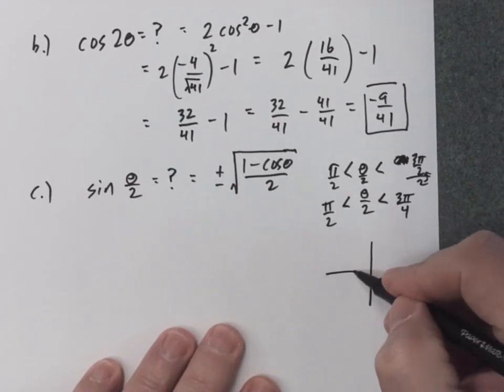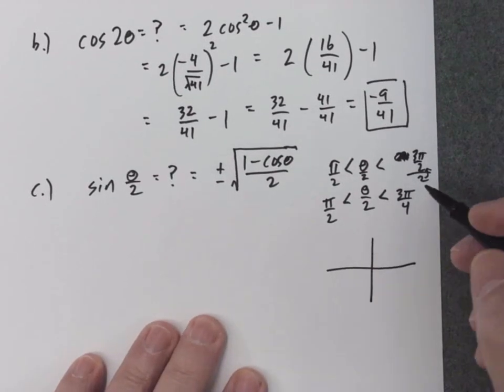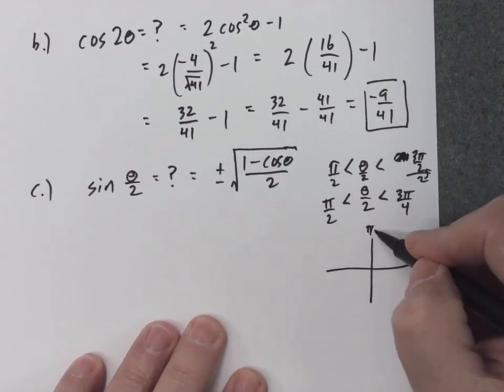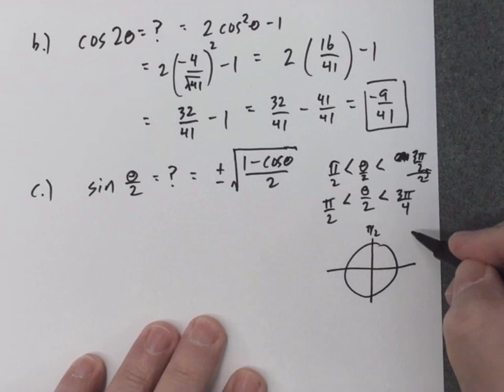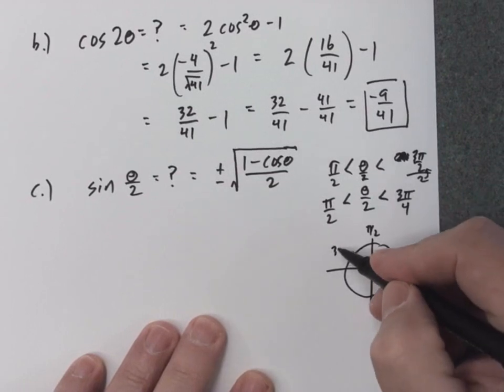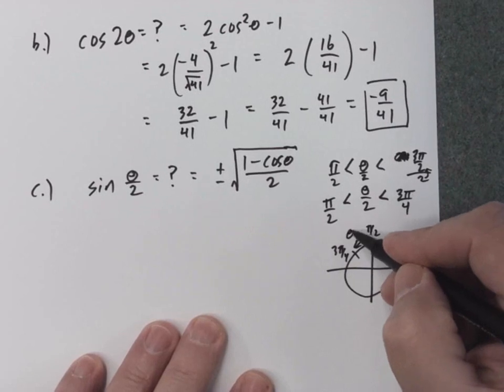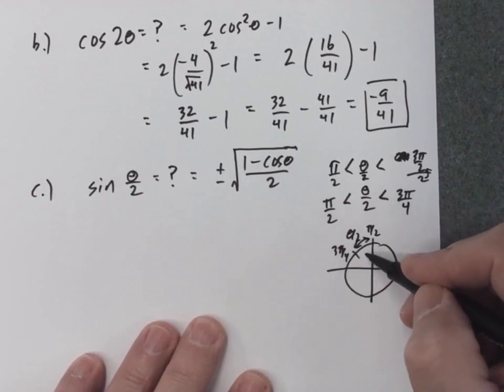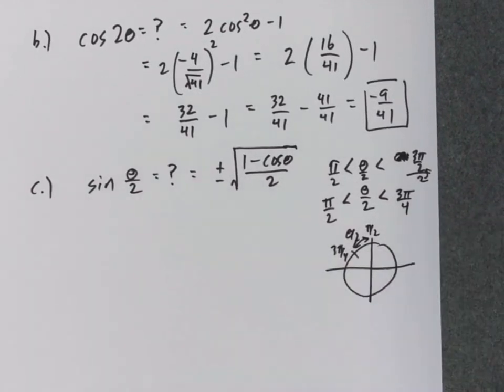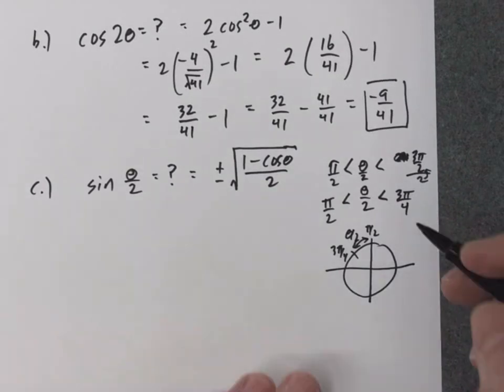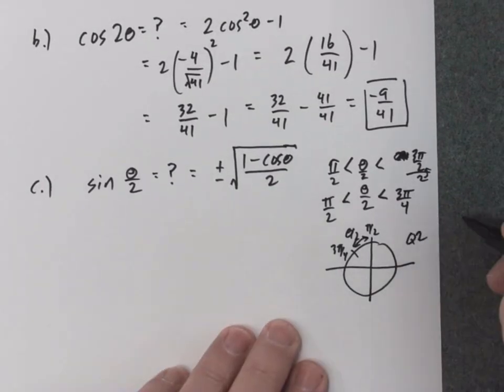You can look at your unit circle, but let's just do it here. Here is pi over 2, and here is 3 pi over 4. So theta over 2 is in here someplace. Which quadrant is that angle in? It's quadrant 2.